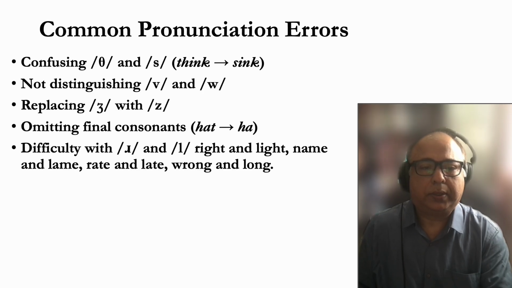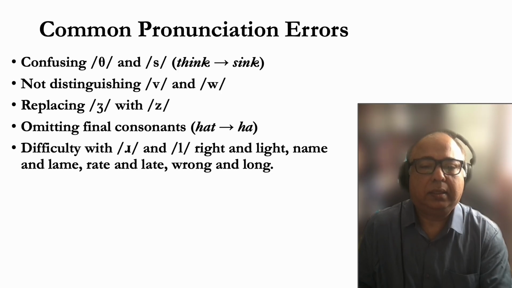Okay, very good. So let's go over some very common pronunciation errors that some students of English make. They confuse th and s. Think, I think, and I sink. That happens because think is pronounced by touching your upper teeth with your tongue. Think.